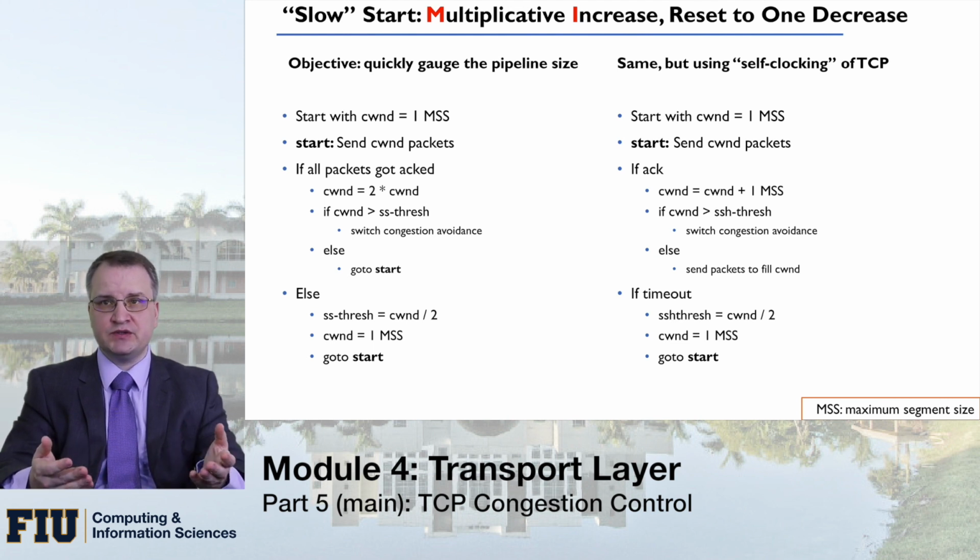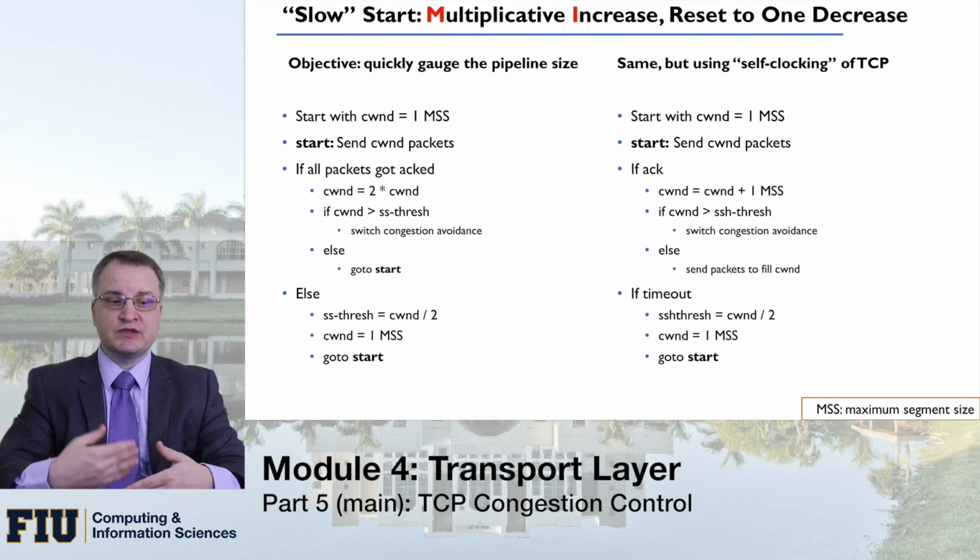In TCP terms, they use the so-called maximum segment size, or MSS. So this is the initialization. As soon as you have a congestion window set, you can send the number of packets that correspond to that amount of data. So effectively, you can just send one packet initially.